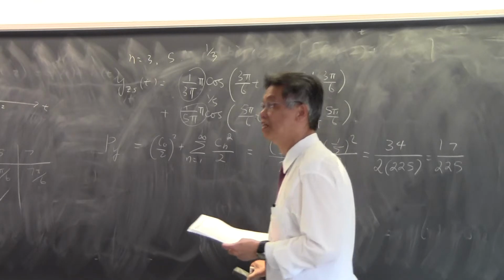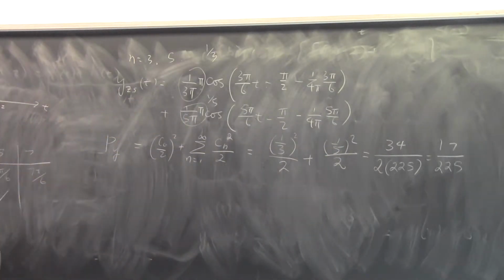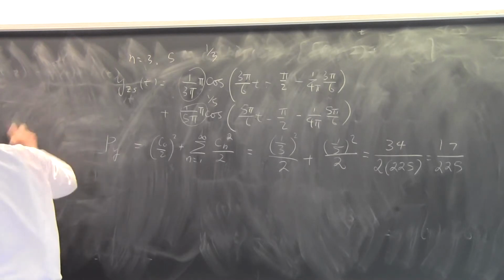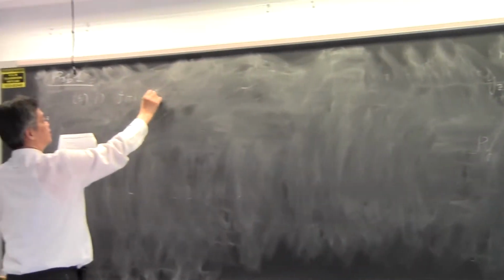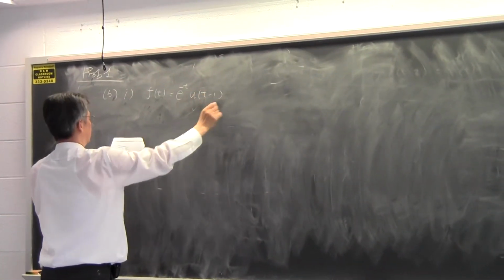Part B. Let me try to do part B. Part B, part 1, you're given that f(t) is equal to e to the minus t, u of t minus 1.